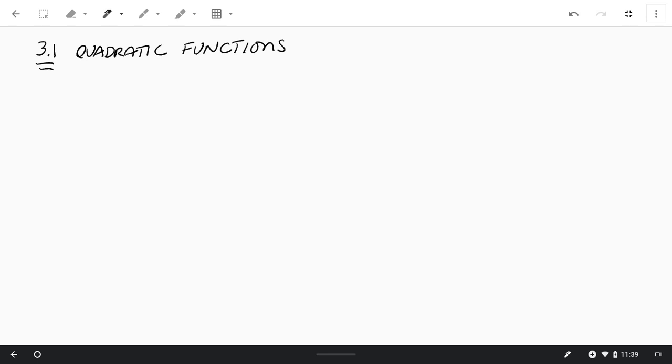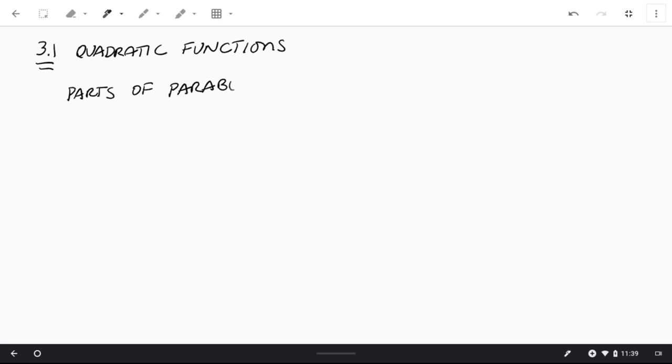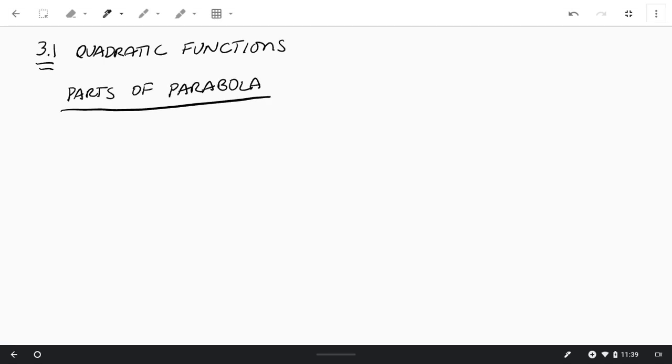Okay, so let's first start off with the different parts of a parabola. If you are familiar with the parabola, there are certain characteristics, particularly the vertex, which is important. So we'll look at one where it opens upward and one where it opens downward.